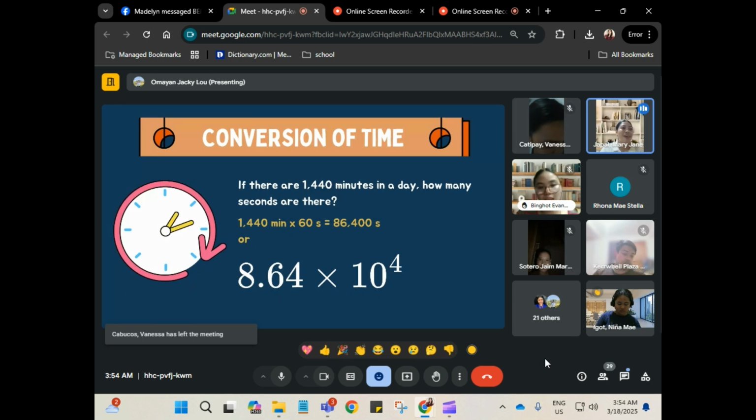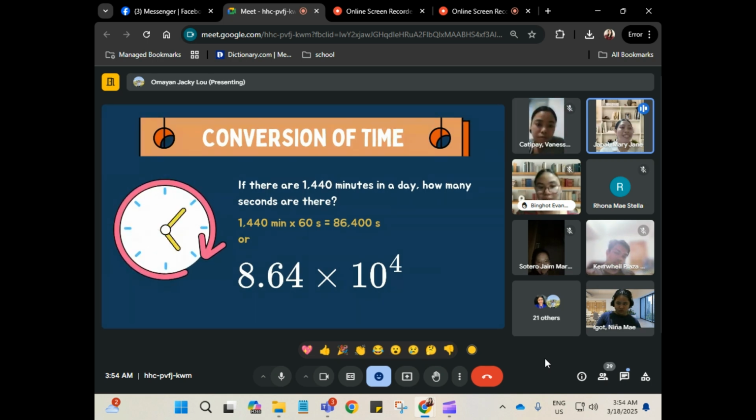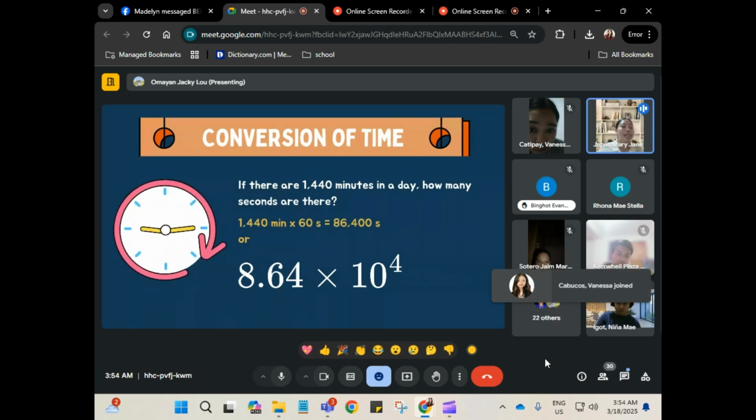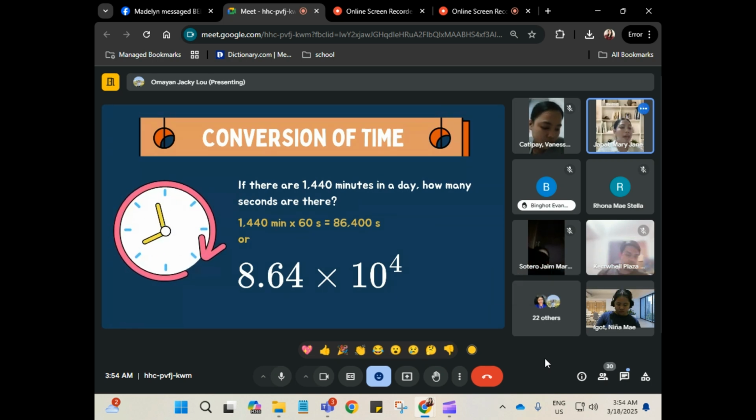All right. So the answer is 86,400 seconds. So now you can write this, class, in scientific notation, which is 8.64 times 10 to the power of 4. Instead of writing 86,400, scientists often use scientific notation.